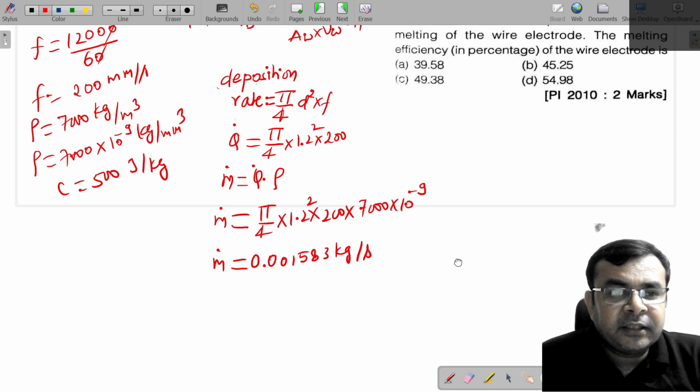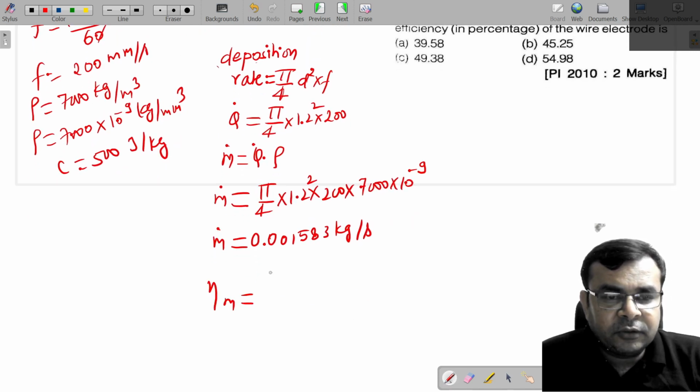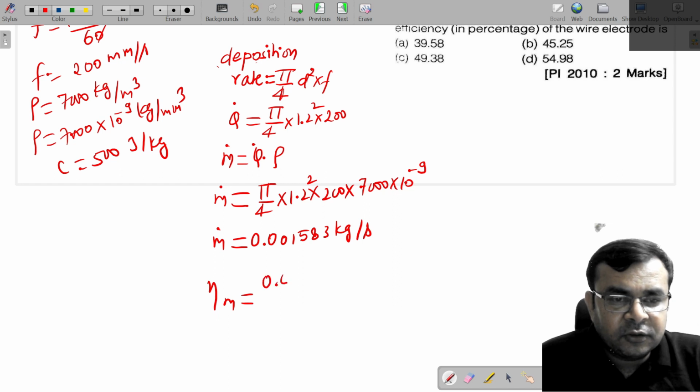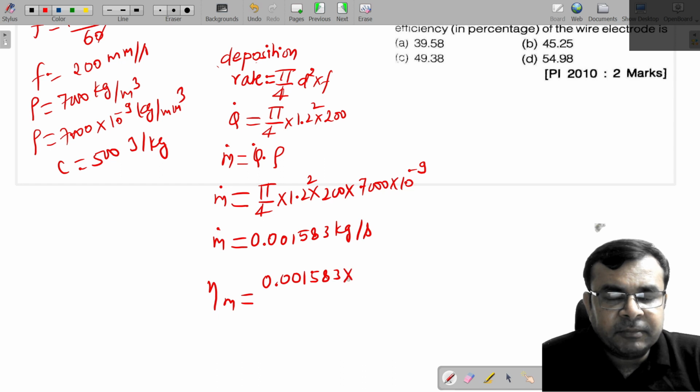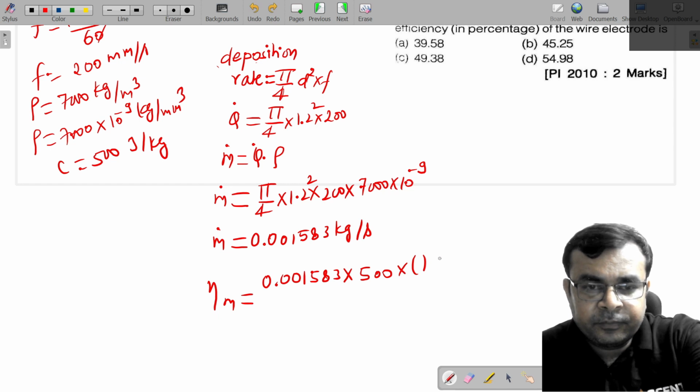Correct. And once you get this mass, I use eta m is equal to mc delta T. So this is 0.001583 kg per second. Specific heat is given, that is 500 joule per kg. Delta T is nothing but 1530 minus 30.